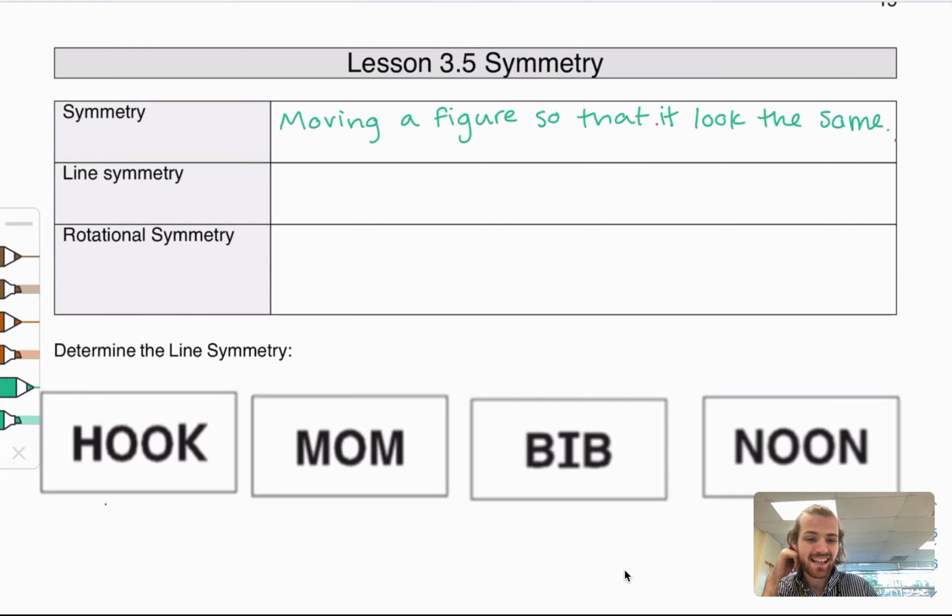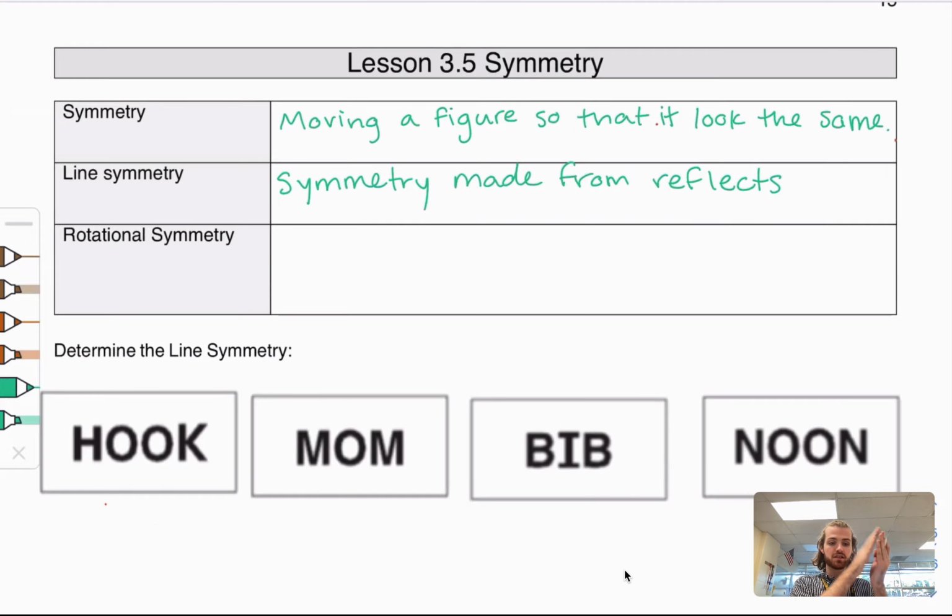Line symmetry is symmetry that's made from reflections. So when you reflect something over that line of reflection, that's what gives us line symmetry.